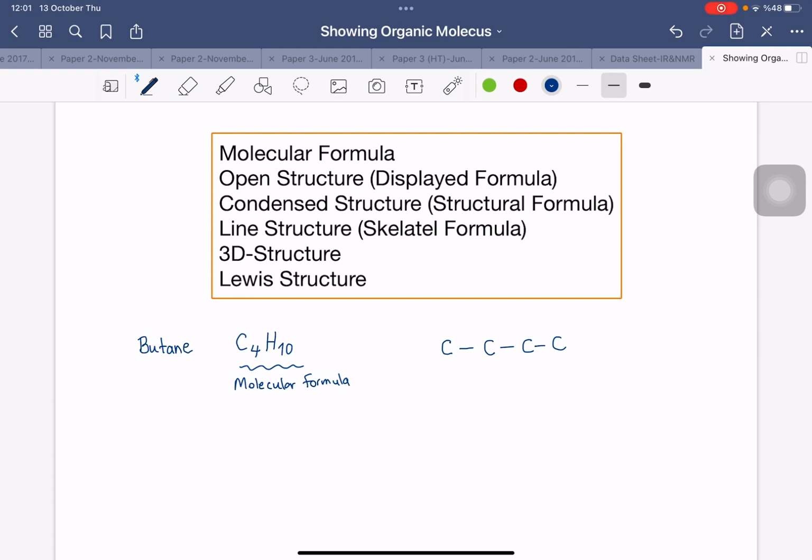Or there is a possibility that carbon may branch out. Both structures are possible. Okay. Now we just draw the hydrogen bonds.